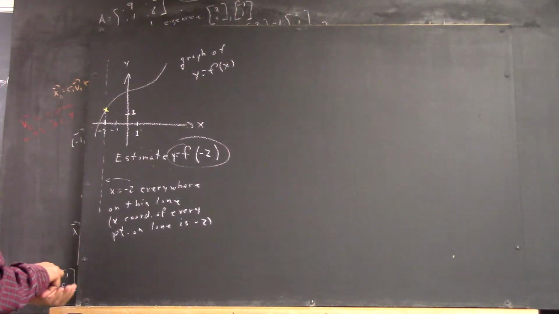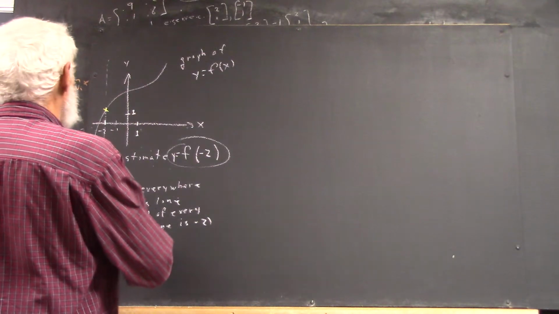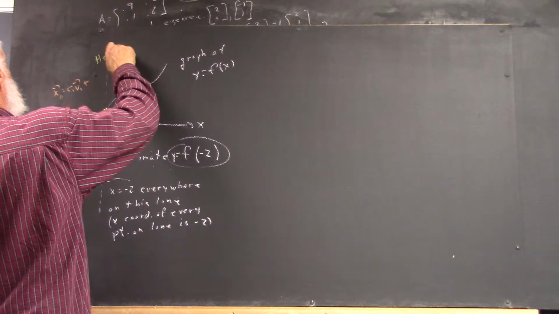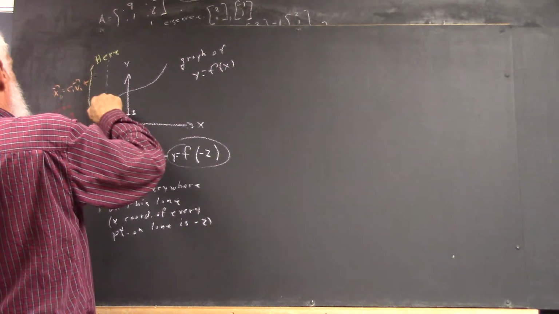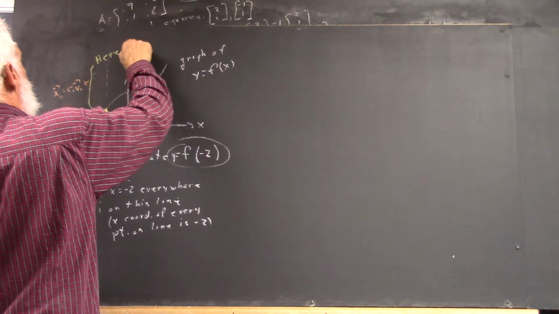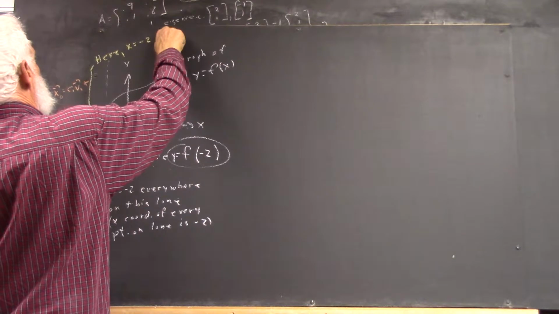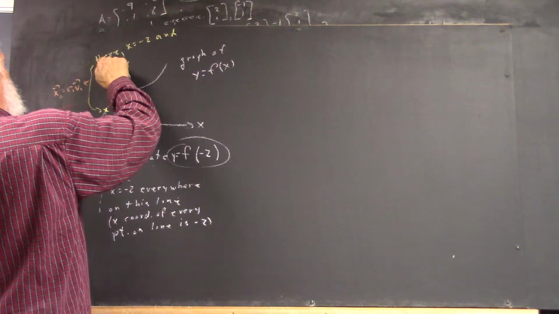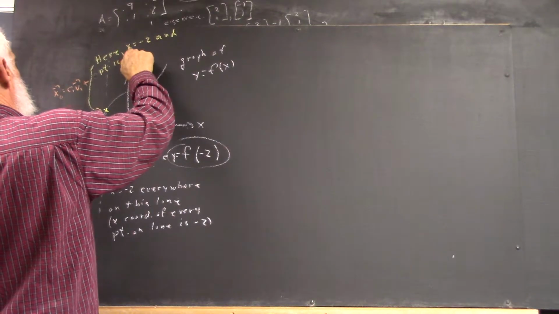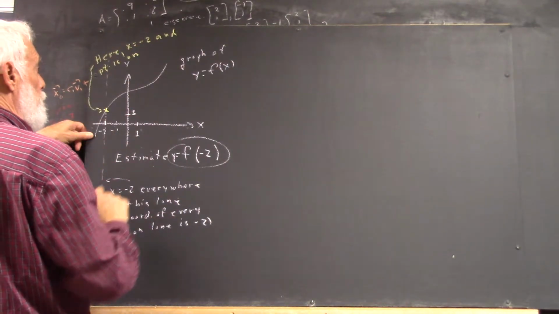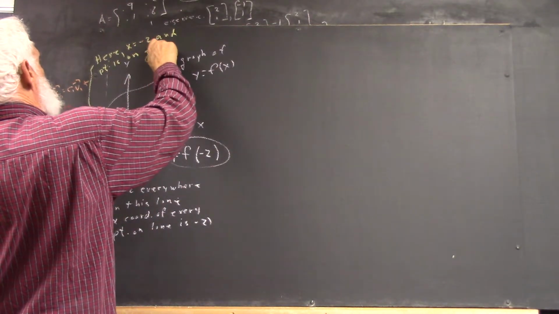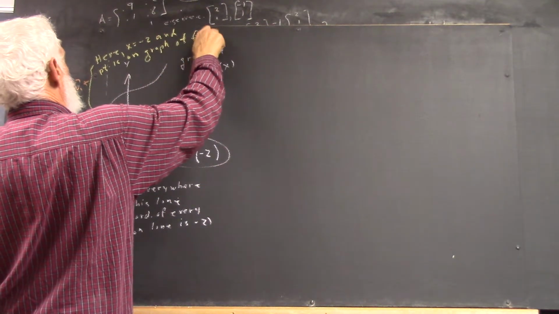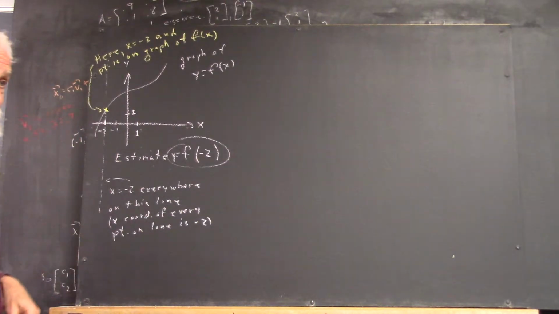So here, meaning here, x is -2 and the point is on the graph of f of x, right?